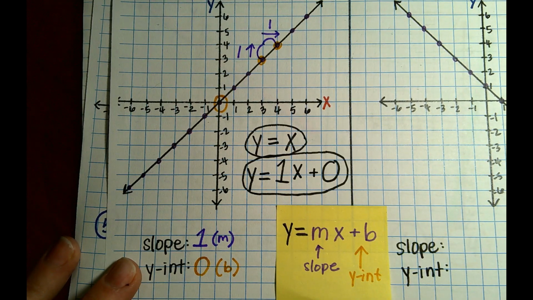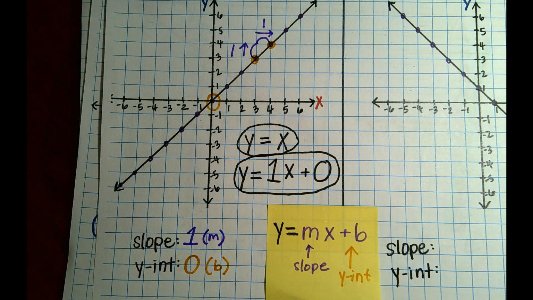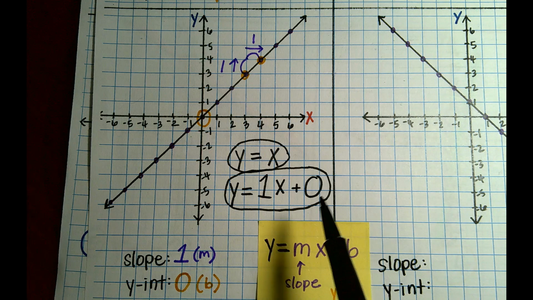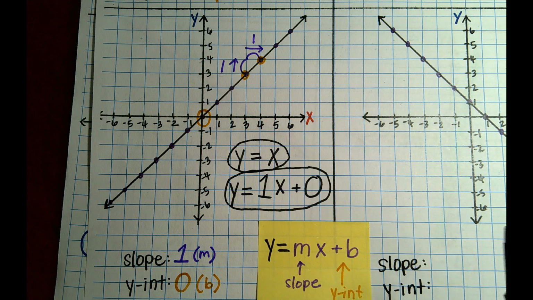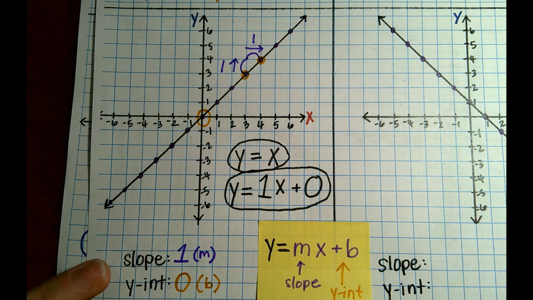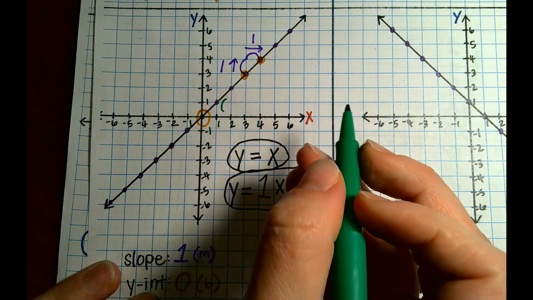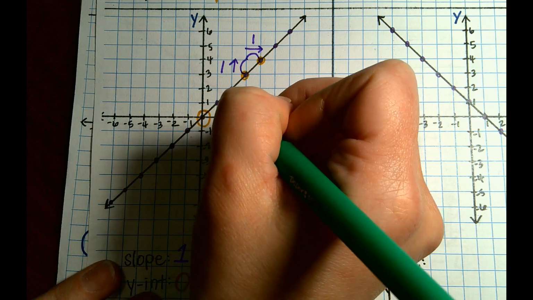Both are correct. Now, I don't want to overwhelm you by showing you this new thing, but again, I think you'll find it interesting. If we were to look at all the coordinates on this line, you'll see why we can write the equation as y equals x. For example, this point, my coordinate would be 1, 1.